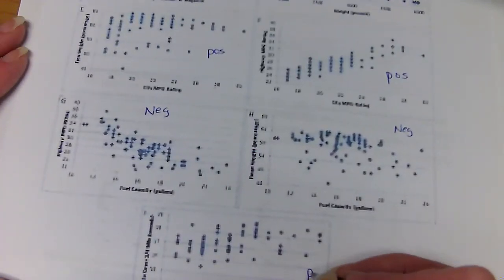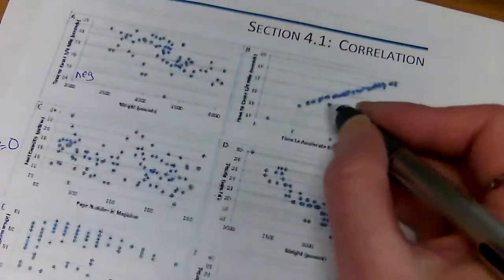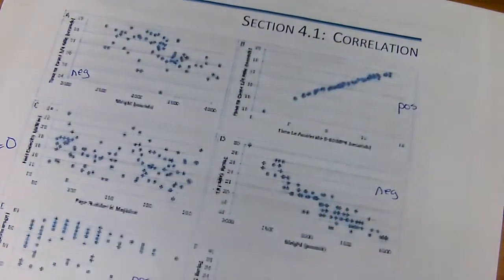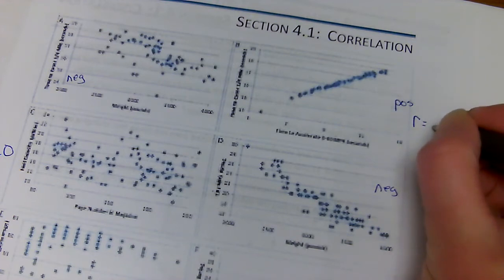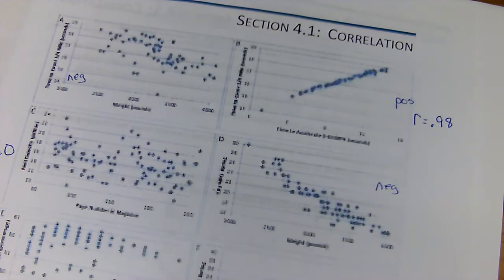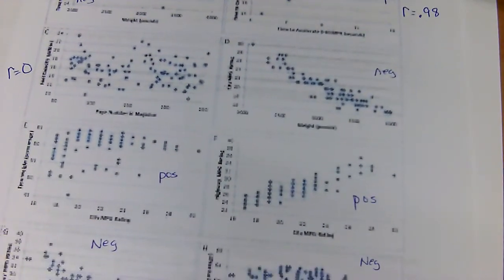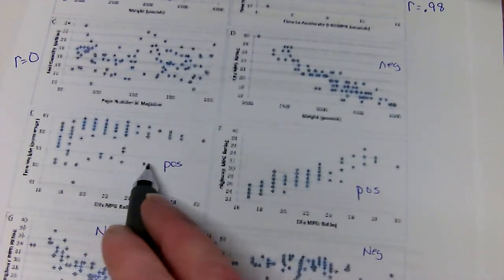And this one's positive. Now, if we talk about the strength, let's look at the positive ones first. Which one of these has the strongest positive relationship? Well, this one is almost a perfect line. I would estimate r to be even better than we had before. I would say it's like a 0.98. It's really strong. Now, out of the other positives, we have this graph and this graph.